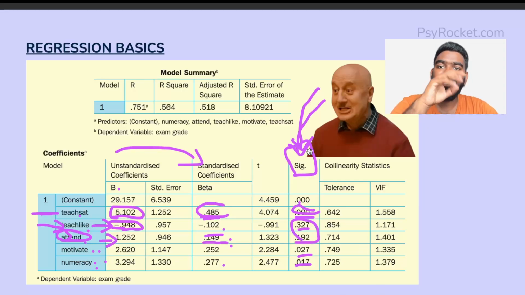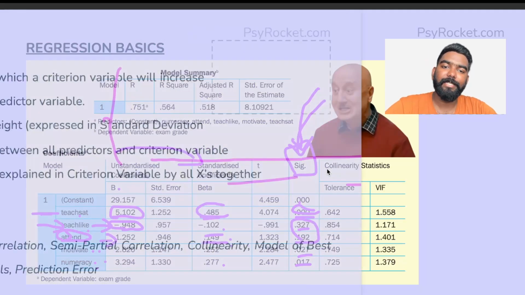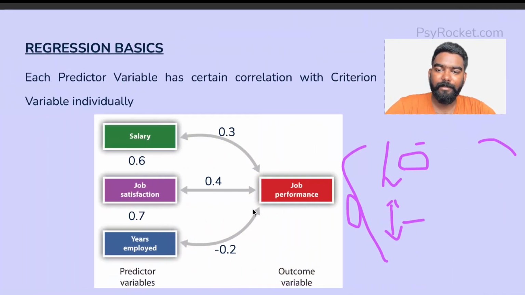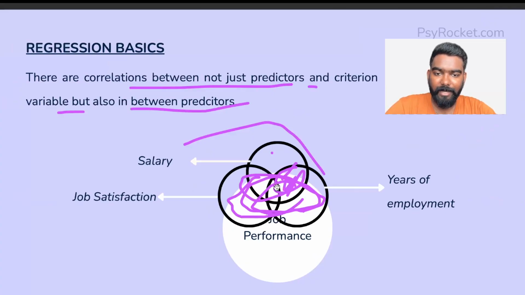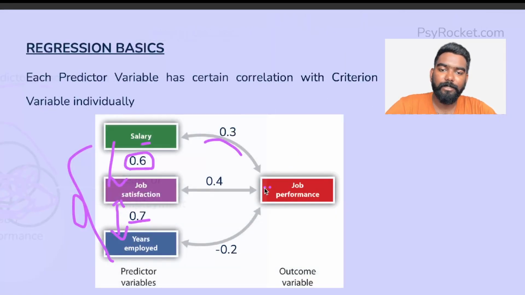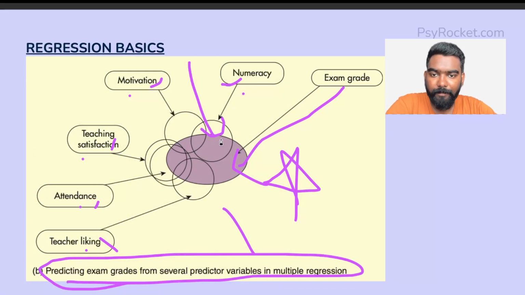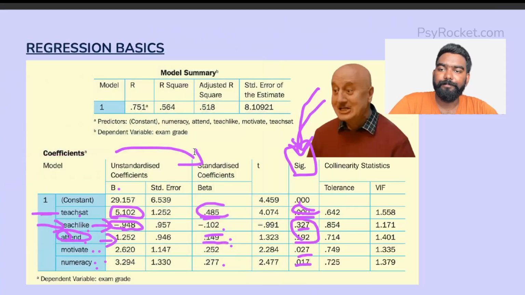Okay, now let us see how much variance. We saw this in the Venn diagram, right? This much variance is being explained by all these variables. All of these circles are overlapping with this particular exam grade circle, right? So how much variance is actually explained?